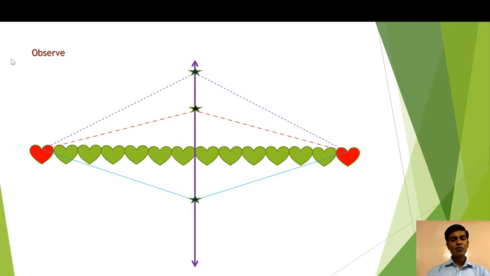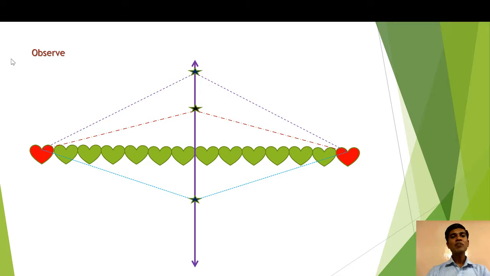Let us observe some more pictures to find out a property of a perpendicular bisector of a line segment. Here, a heart line segment is drawn and a line is a perpendicular bisector of that heart line segment. We can observe that on both sides of that intersecting line the number of hearts is equal. This is the perpendicular bisector of that heart segment.